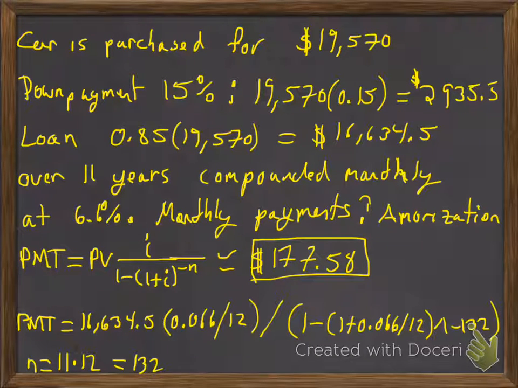Probably why we don't do 11-year loans on cars is I would imagine a lot of folks don't keep their cars for that long. However, maybe it's some other big ticket item purchase that would be that long, or if you're looking at a mortgage, and you're looking at what your mortgage payments are going to be, how much interest you're going to pay. What you do right here is very similar.